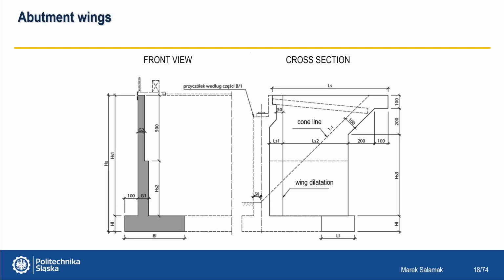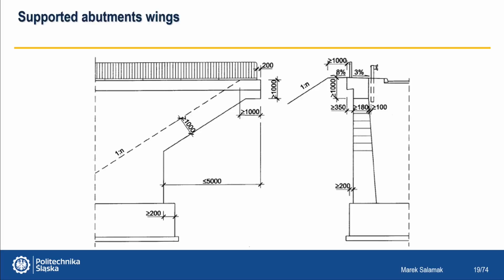The thickness of the wing wall varies. This wing is also supported on its own foundation, but there are no expansion joints. The cantilever overhang is greater and the wall thickness varies smoothly.